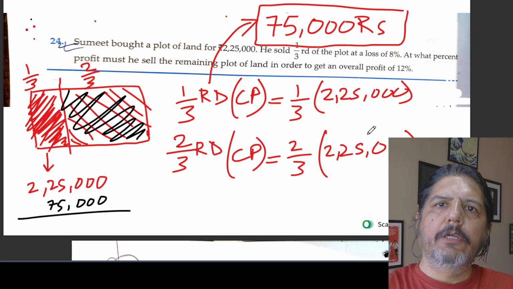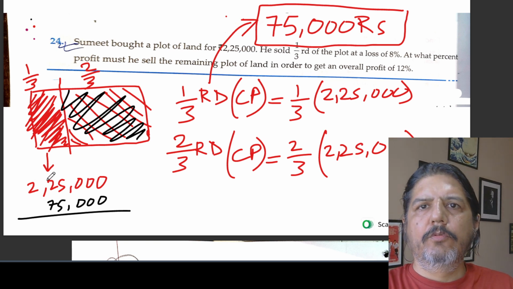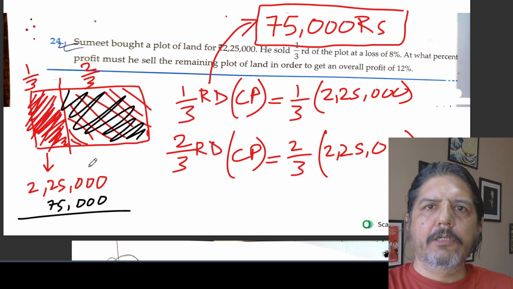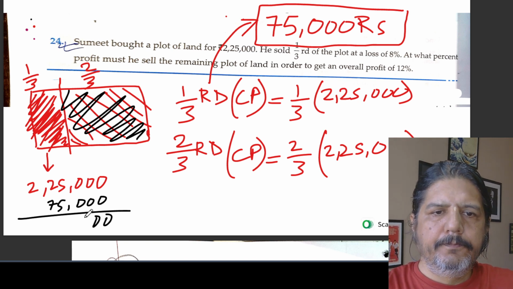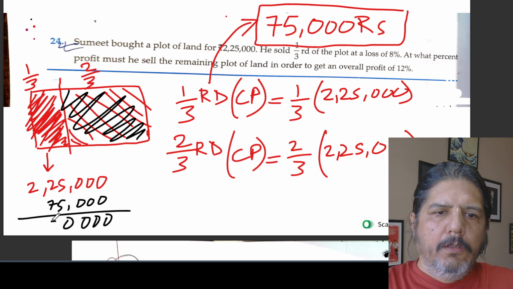Now, one and the same. You can calculate by two-thirds of 2,25,000 also, or you can subtract 75,000 from 2,25,000. That will give you the cost price of the two-thirds of the remaining land, which would be 1,50,000.